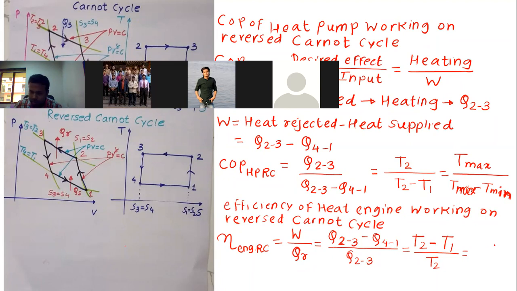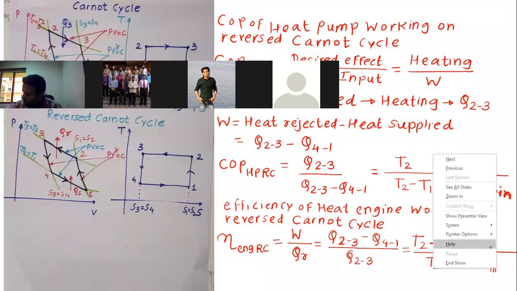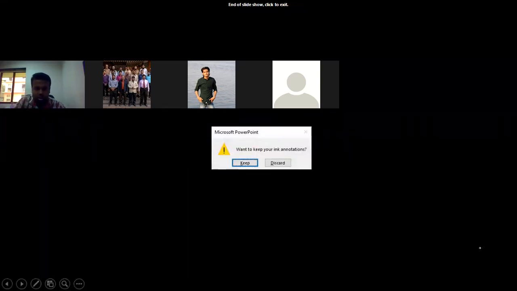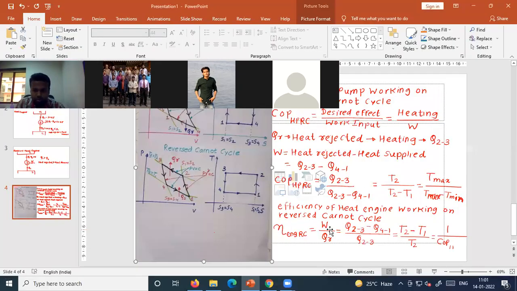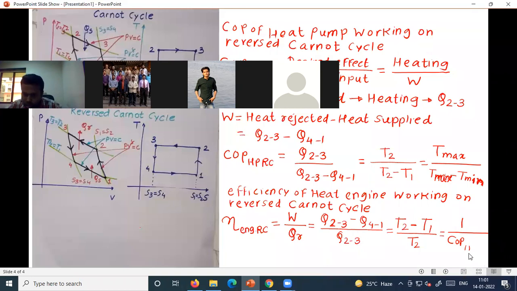So it is nothing but 1 by the COP of a heat pump which works on a reverse Carnot cycle. I'll just write this down.